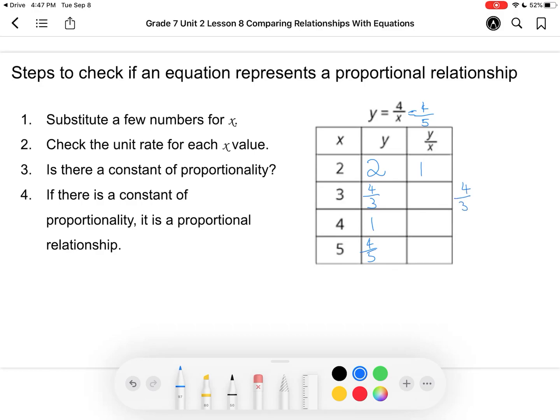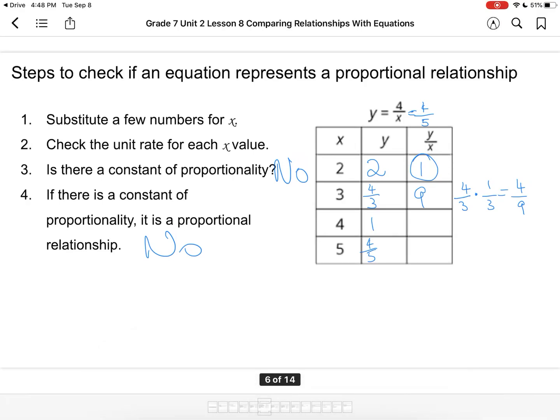I can do the math out here at the side. 4 over 3 divided by 3 is the same as 4 over 3 times 1/3, which is 4 over 9. So that's a different ratio, a different constant of proportionality to what we have in the first row. So it is not an equivalent ratio. There is no constant of proportionality, and it is not a proportional relationship.